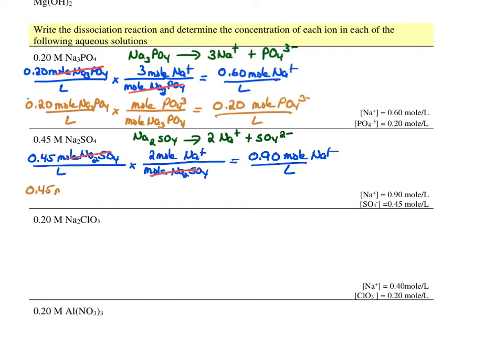Here's the concentration of our solution. It's moles of our solute per liter. And in this case, every mole of our solute is going to give us 1 mole of sulfate ions.